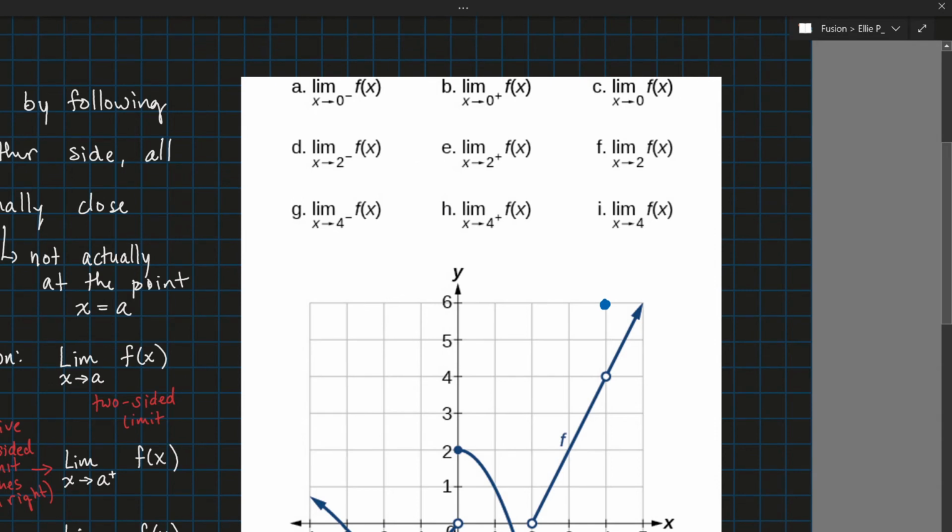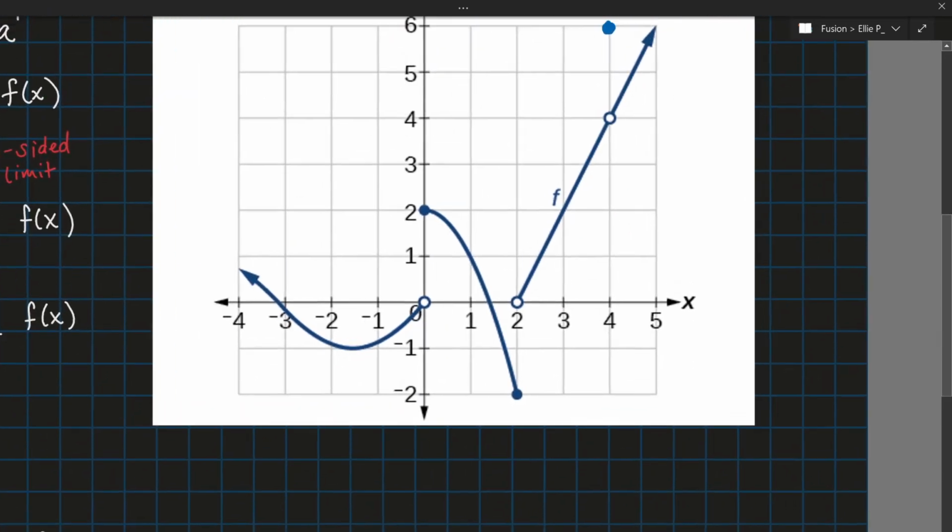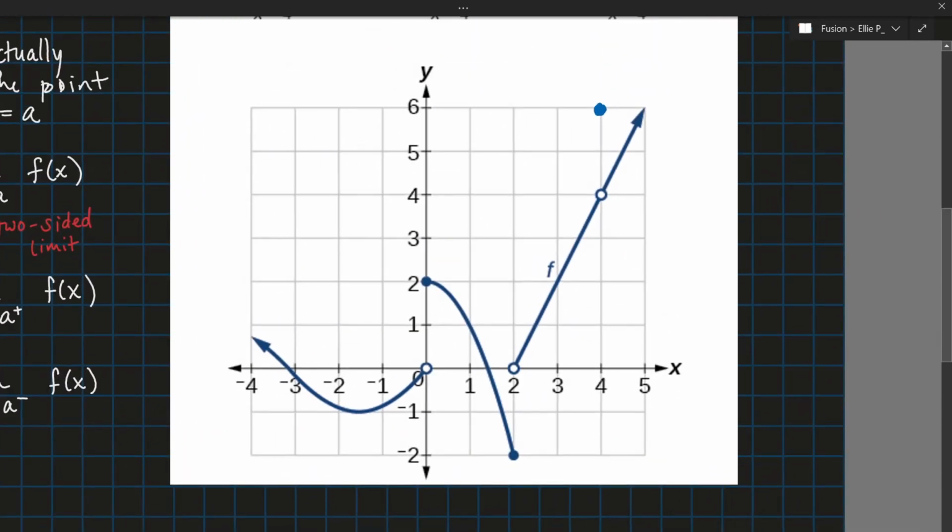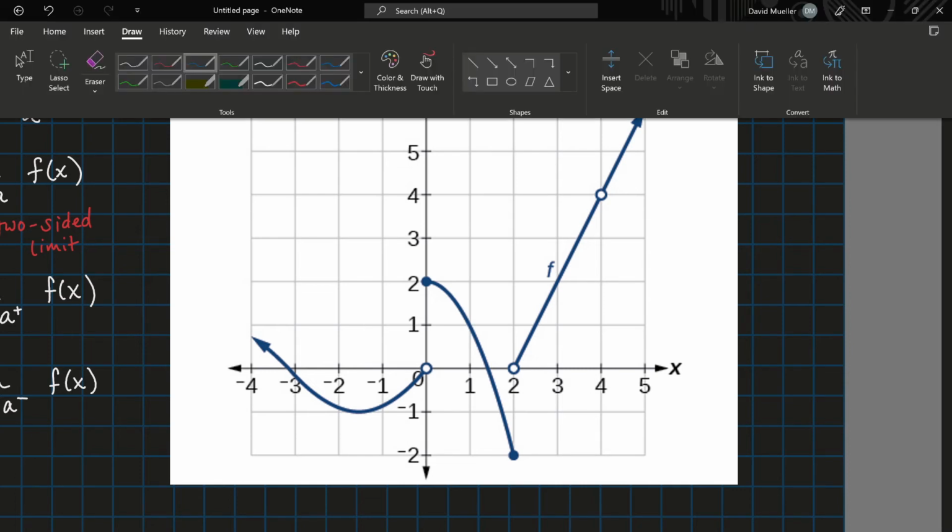So let's do these. The first one is asking us the negative one-sided limit as x approaches 0. And this is an important point. The last time I taught this, I don't think I was super clear about it. This is all one function. It's a piecewise function. We don't have to worry about the equation for it, but it's all one.